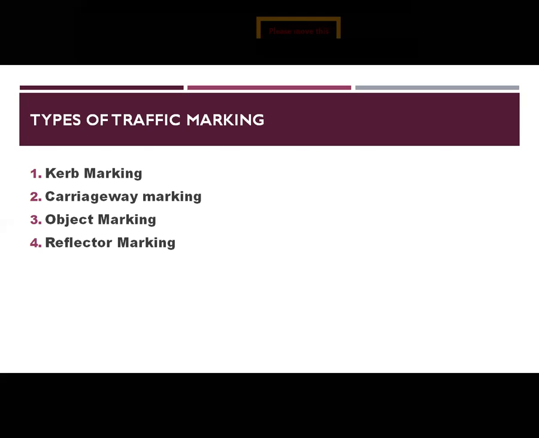In the daytime they are visible, but at night they are not, so reflector markings are provided at the edge of that particular elevated road or bridge, so that it will be visible at night and collisions or other unexpected things will not happen.